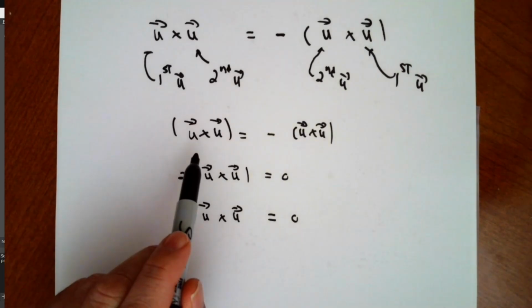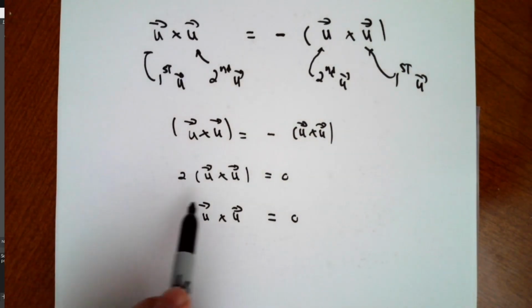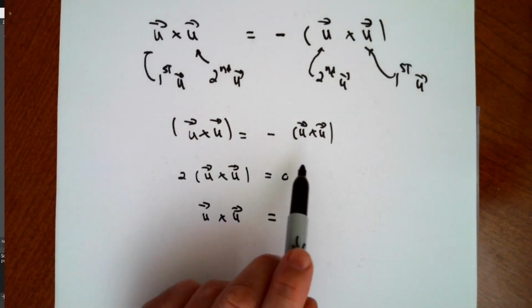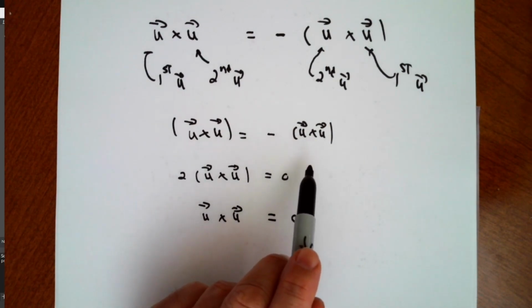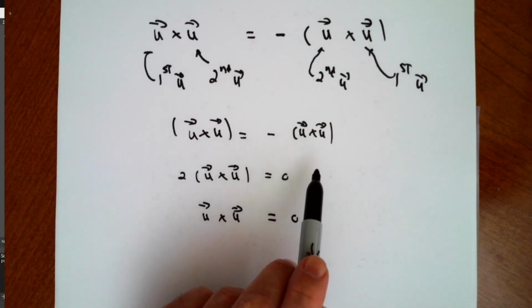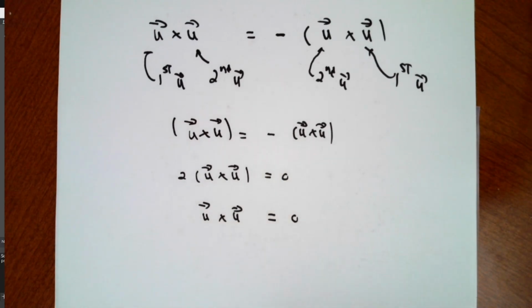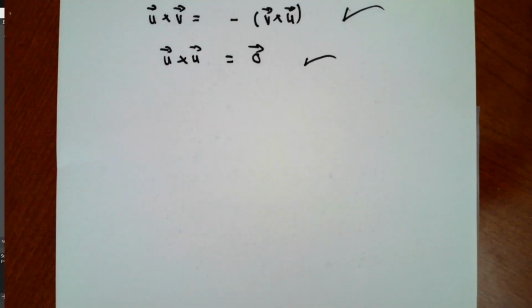U cross U plus itself is 2 times U cross U. U cross U plus the negative of U cross U is the zero vector. If I take a vector and cross product it with itself, I always get the zero vector. U cross U is identically equal to the zero vector. This goes on our list of facts that we have verified.